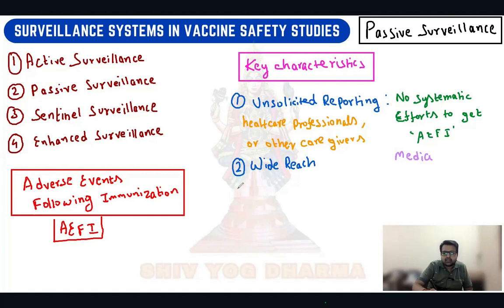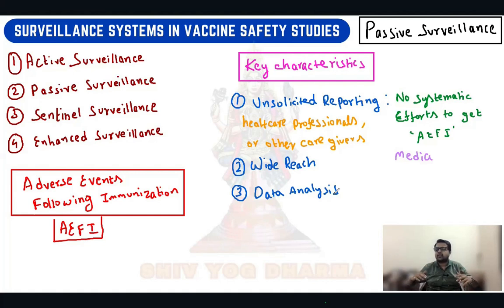The third characteristic is the role of the health experts involved in this vaccine safety study using passive surveillance, which will be merely data analysis, because all the reports will be prepared by healthcare professionals or other caregivers, and not by the people involved in the vaccine safety study.